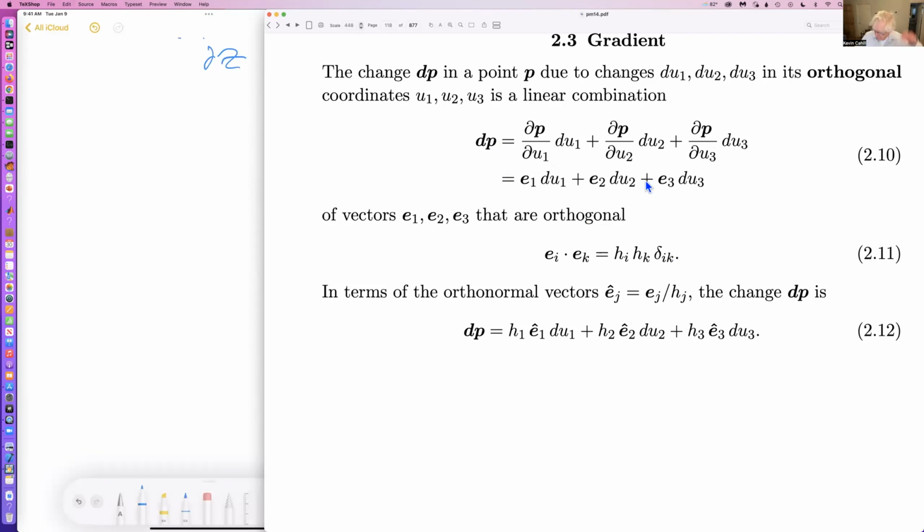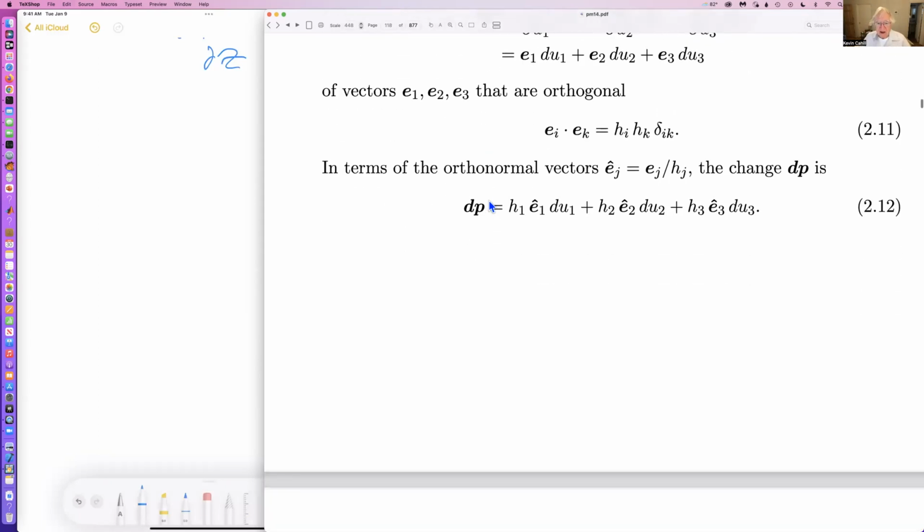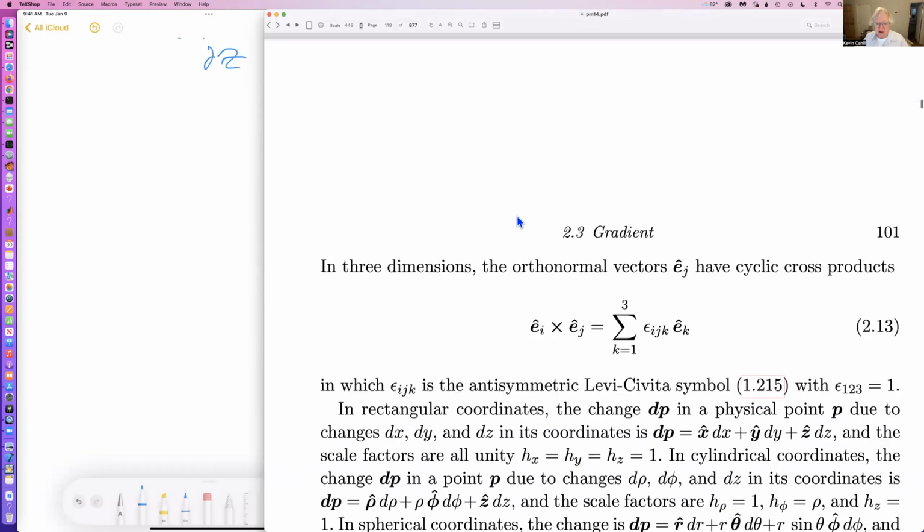And so in these orthogonal coordinates, dP is given by the partials summed with the differentials, and so it's Ei dui, summed from 1 to 3. And if one makes the vectors orthonormal, then in terms of the orthonormal vectors, we put in these lengths h.